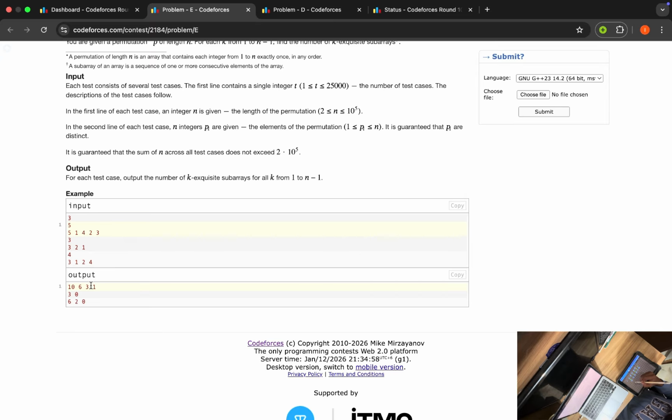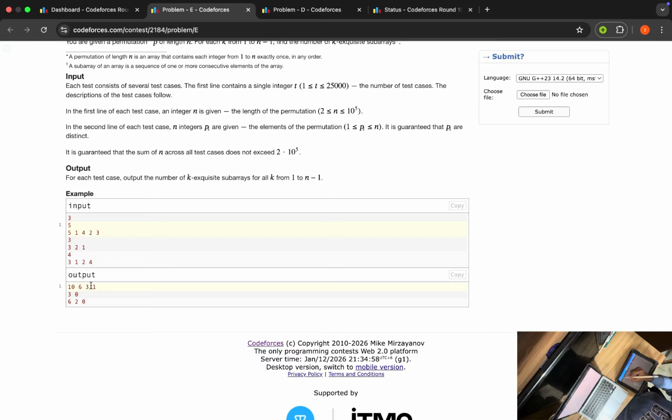So for 1, the answer is all okay. For 2, I'll remove any value less than difference less than 1. So this contribution is removed.